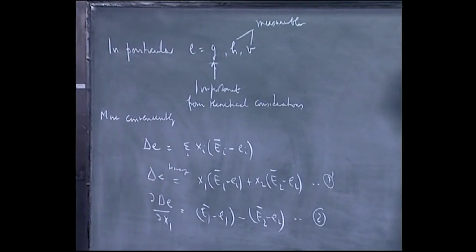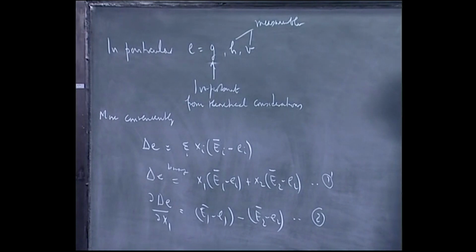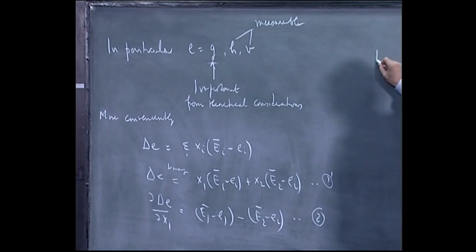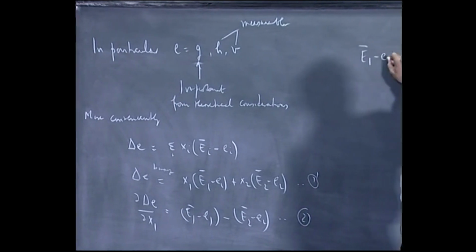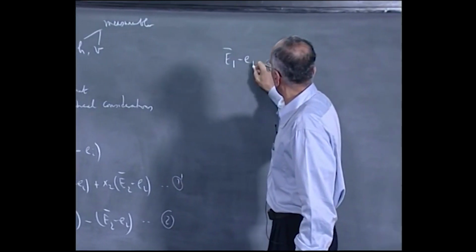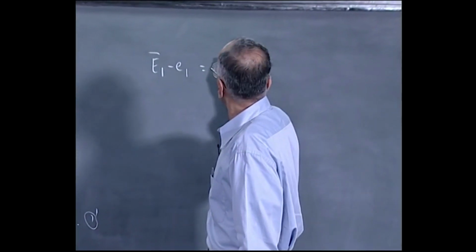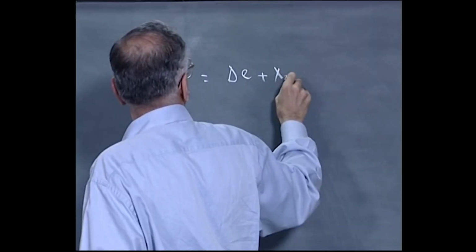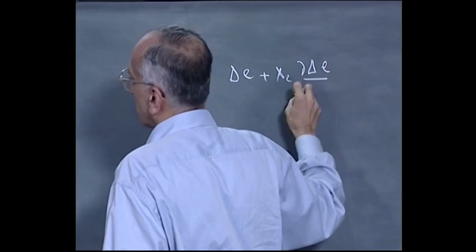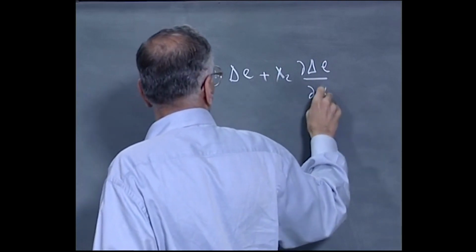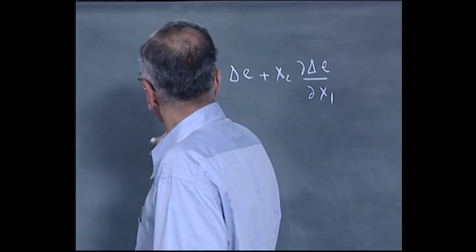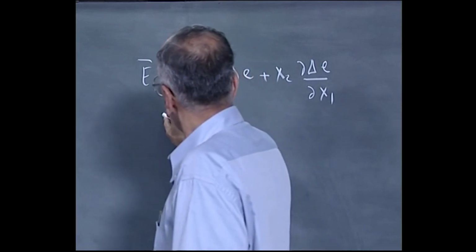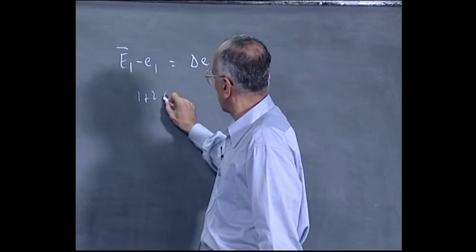Okay, and then we have E1 bar minus E1 is equal to delta E plus x2 partial of delta E with respect to delta x1 and so on, and then 1 and 2 can be interchanged.